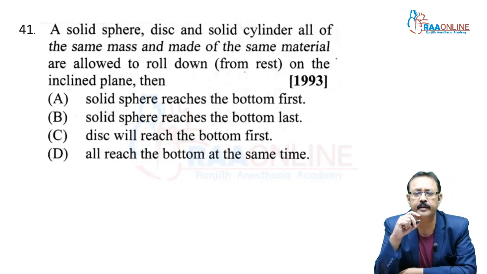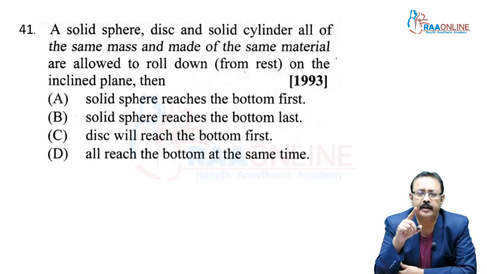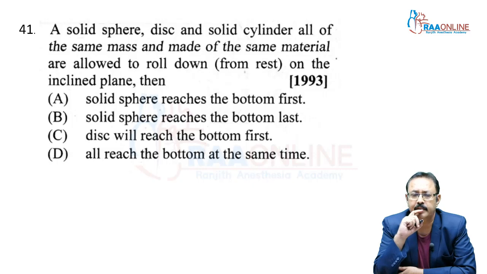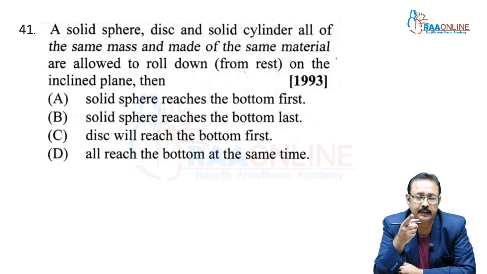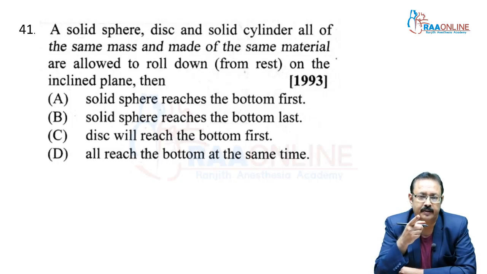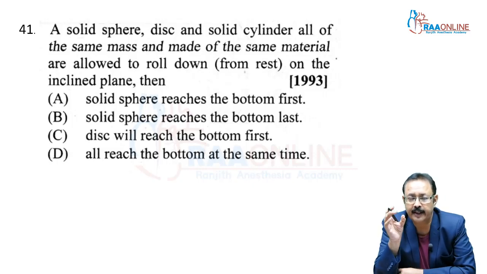A solid sphere, disk and solid cylinder, all of the same mass and made of the same material, are allowed to roll down from rest. I discussed with you at the start of this unit of the crash course that the object which has more radius of gyration will come last, because radius of gyration was in the denominator.